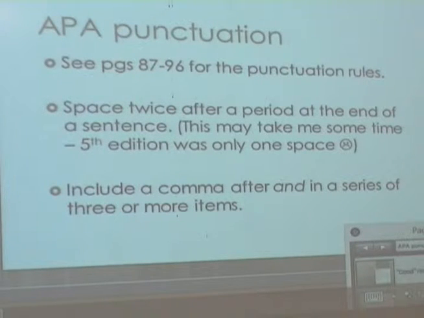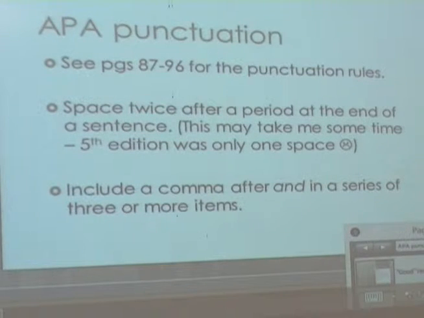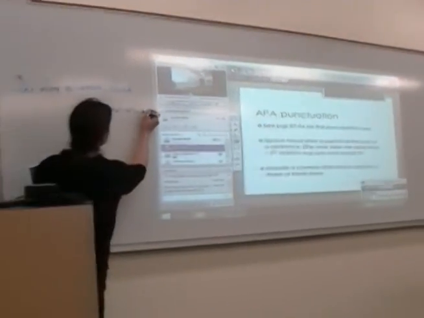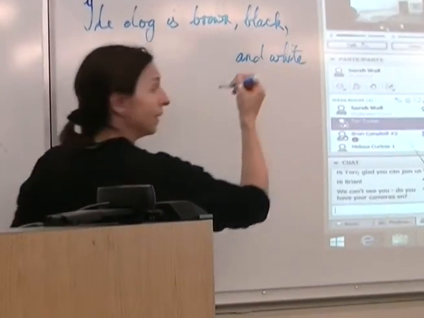The comma one will depend on probably who your English teacher was. So, if I'm saying the dog is brown, black, and white, you have to have a comma here.